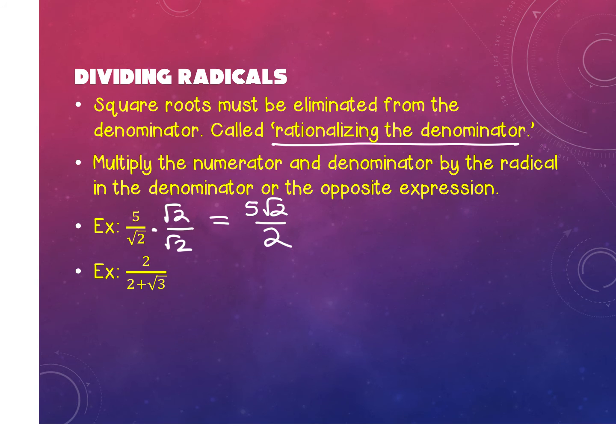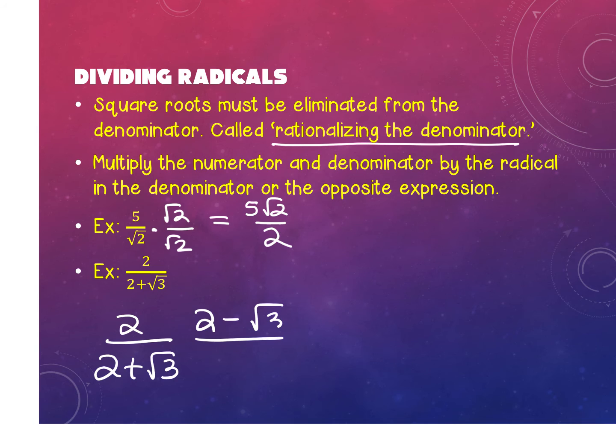So if it's an addition, what I'm going to multiply, and let me just rewrite it down here so I have more room. What I'm going to do to rationalize this is I'm going to multiply it by the same numbers that are there, but instead of an addition sign, it'll be a subtraction sign.